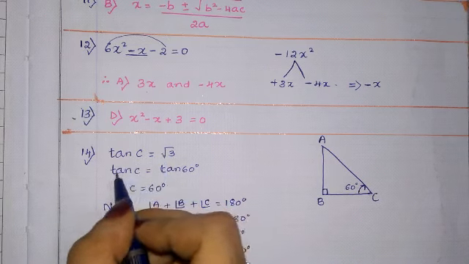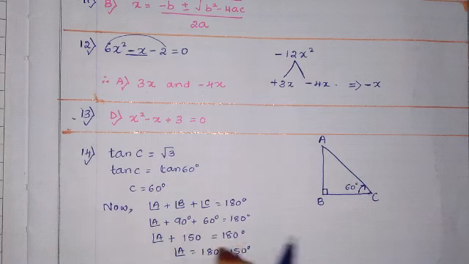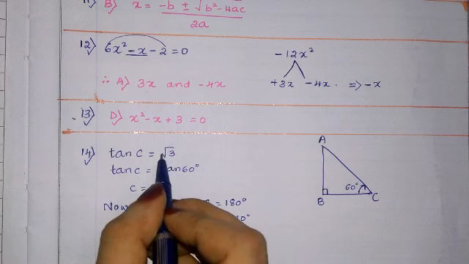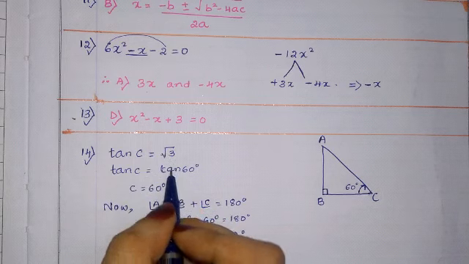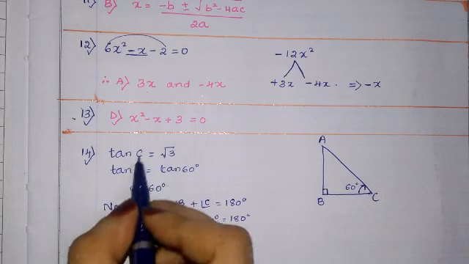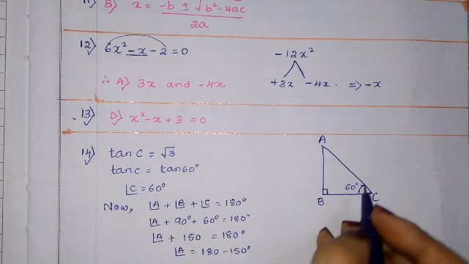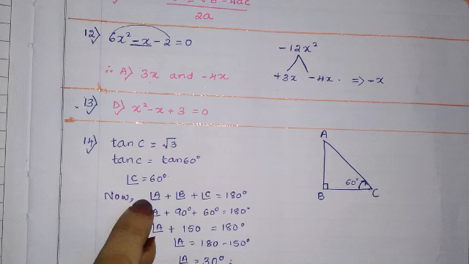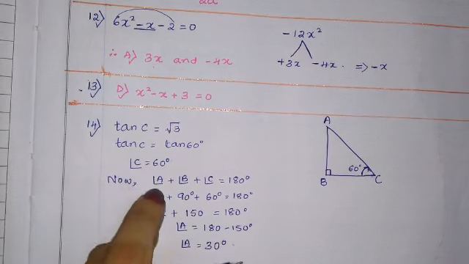Tan C root 3, in tan tabulation, root 3 value comes for tan 60 degree. So in place of root 3, I wrote tan 60 degree because we know that tan 60 is nothing but root 3. So tan gets cancelled and angle C value we got 60 degree. Now we know that sum of all angles of a triangle is 180 degree.